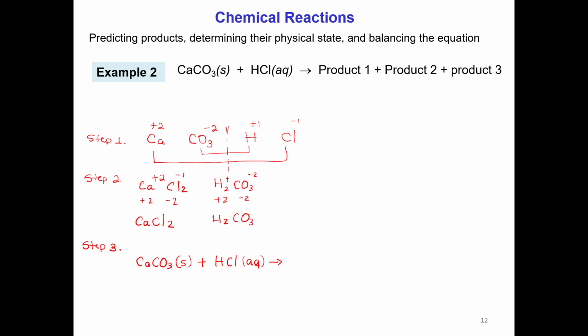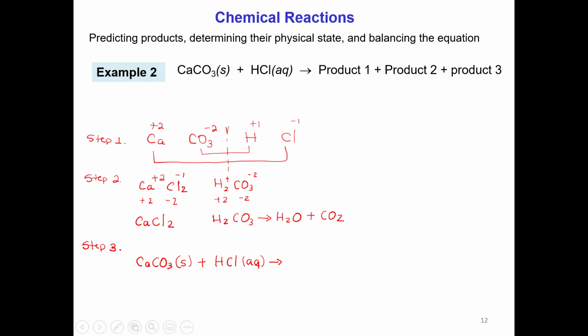We can see, according to the problem, we need to find 3 products, but here we have just 2. What happens is that usually this product is not in this form. This product is usually present in this form: water plus carbon dioxide.